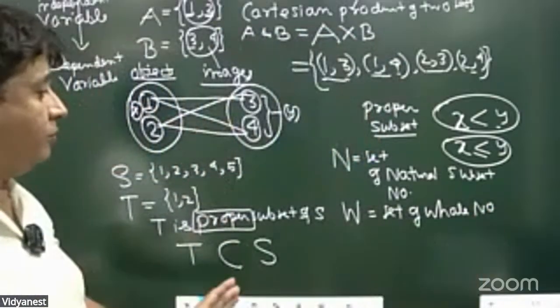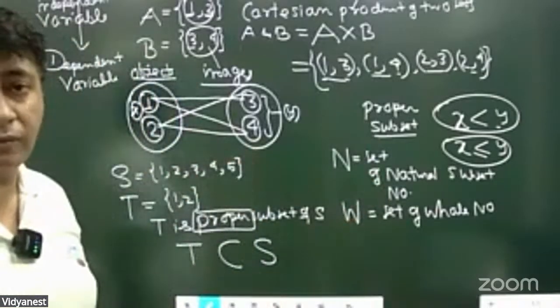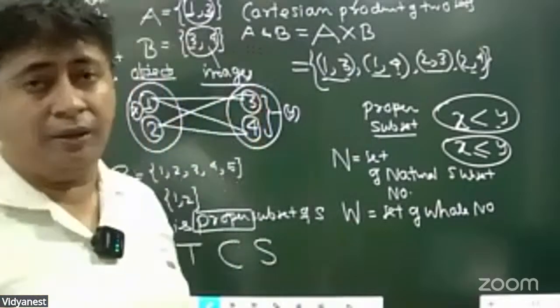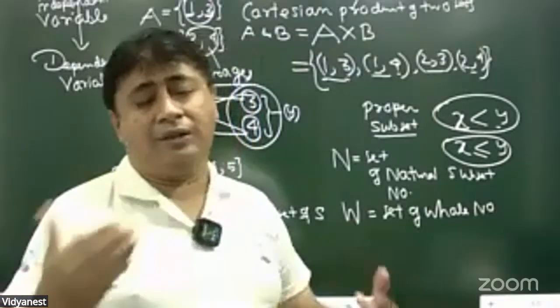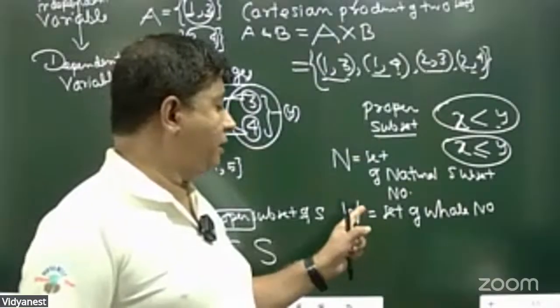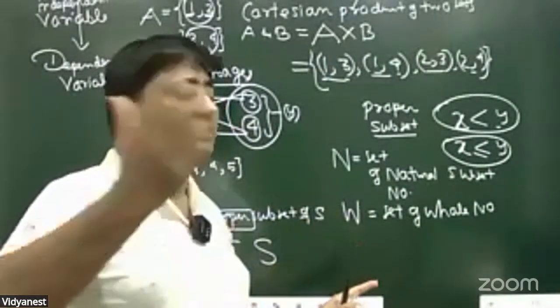So how can we distinguish natural numbers and whole numbers? Whole numbers start with 0 and natural numbers start with 1, and they go to infinity.